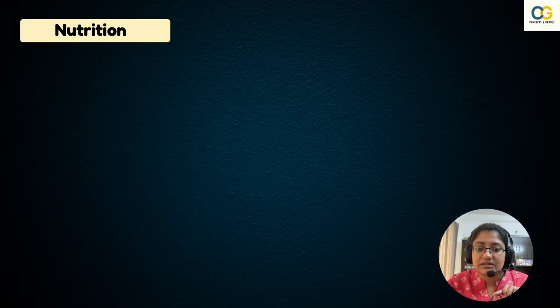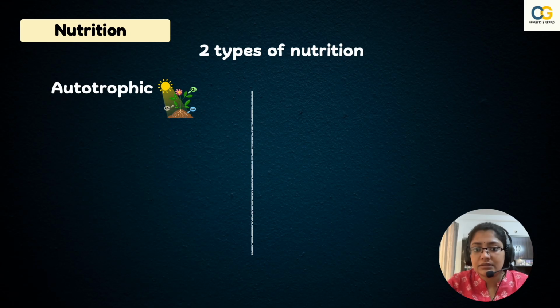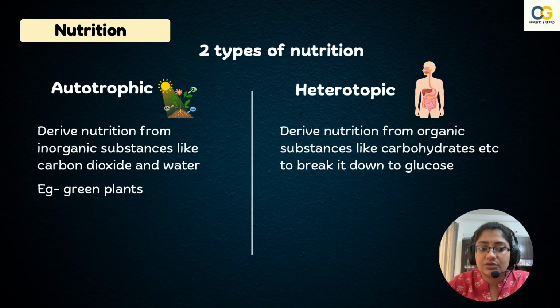In nutrition, there are two types. First is autotrophic nutrition, in which you derive nutrition from inorganic substances like carbon dioxide and water. What is inorganic? Or rather, what is organic? Organic is anything where there's a carbon-hydrogen bond. In carbon dioxide, there's no carbon-hydrogen bond, and in water, there's no carbon-hydrogen bond, so these are inorganic substances.